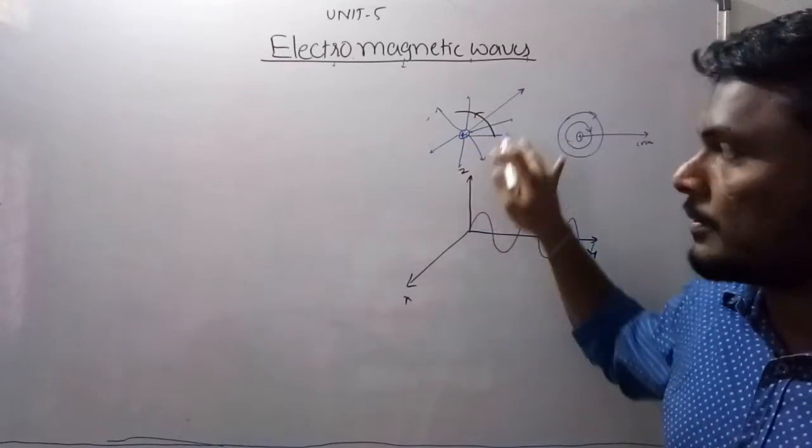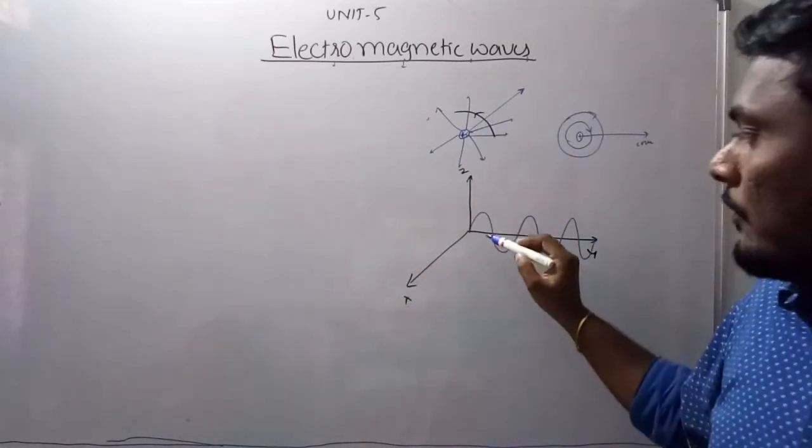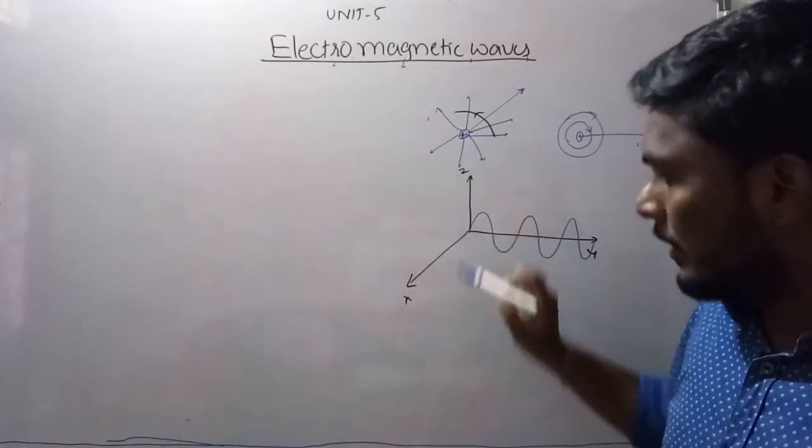That's why we conclude that the electric and magnetic fields are always perpendicular to each other.